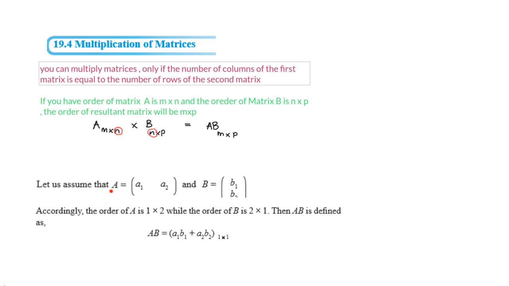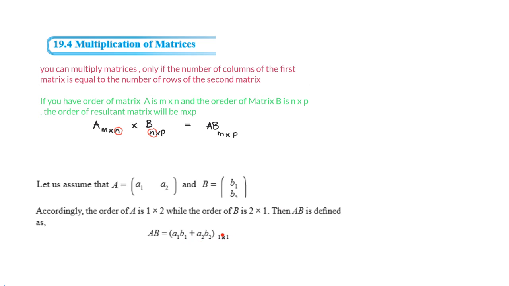Let us assume that A equal A1, A2 and B equal B1, B2. Accordingly, the order of A is 1 by 2 and the order of B is 2 by 1. So we can define AB. So AB is A1B1 plus A2B2.